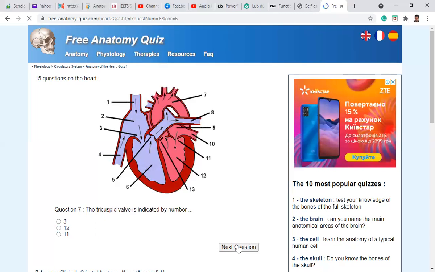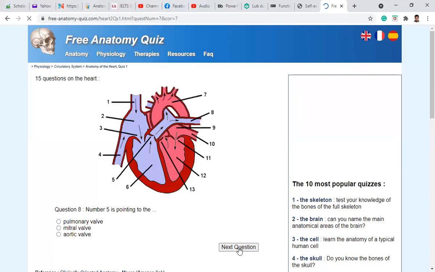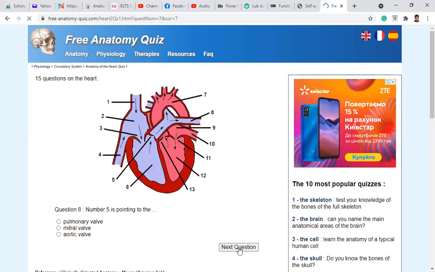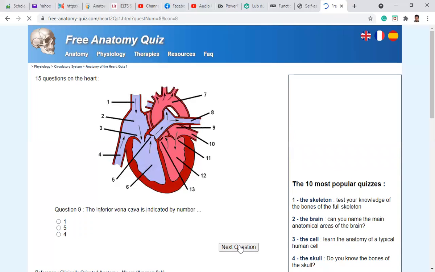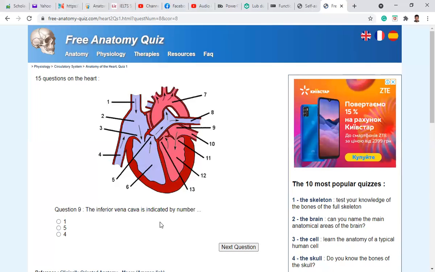The tricuspid valve is represented by 3. Right atrium. Number 5 is pulmonary valve. The inferior vena cava, 4.